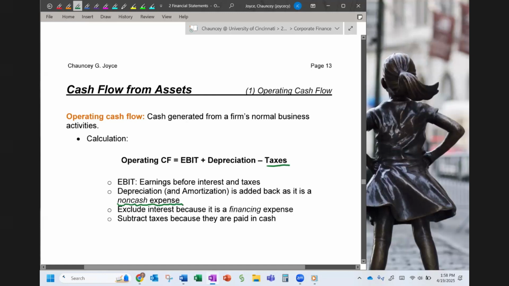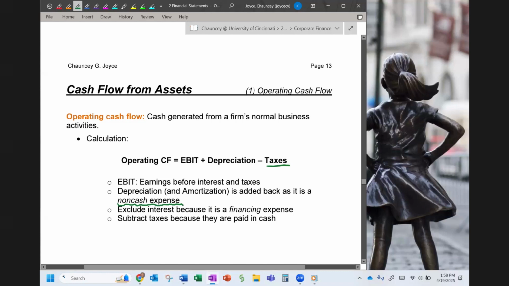So EBIT is earnings before interest and taxes. Depreciation and amortization is added back. Depreciation is the allocation of a tangible cost over a long period of time, if that's a long-lived asset. Amortizing is something you do with an intangible long-lived asset, something like a patent.